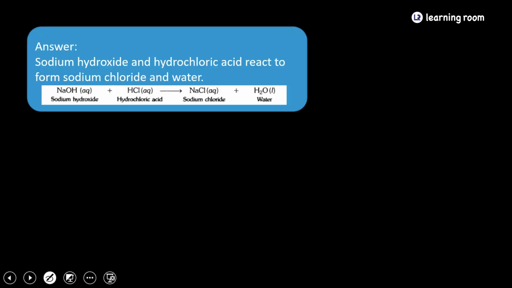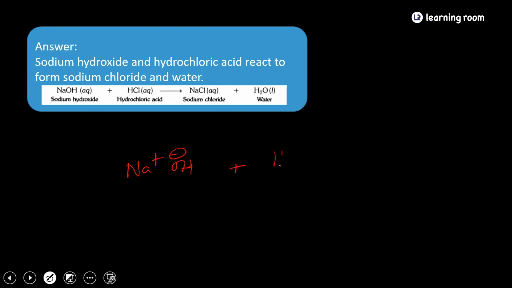So simply, as an example, you can say neutralization reaction, or you can say double displacement reaction. Whenever you take two salts and they are interchanged, it is called a double decomposition reaction. Look here, you have sodium hydroxide, Na plus and OH minus. When you put it in water, it becomes Na plus and OH minus.